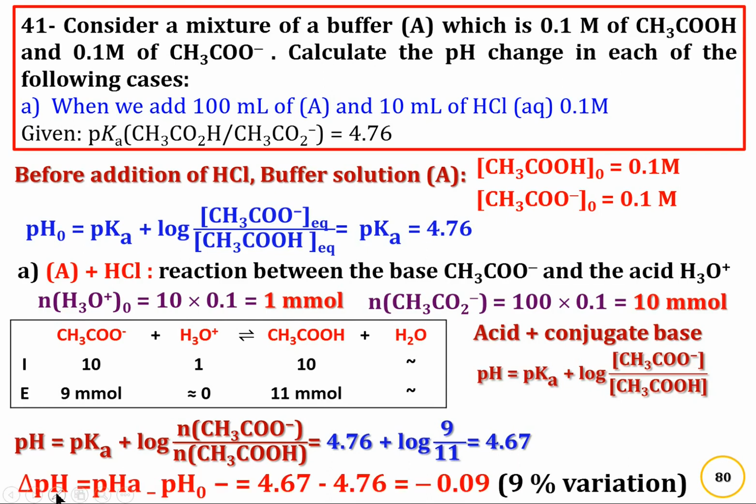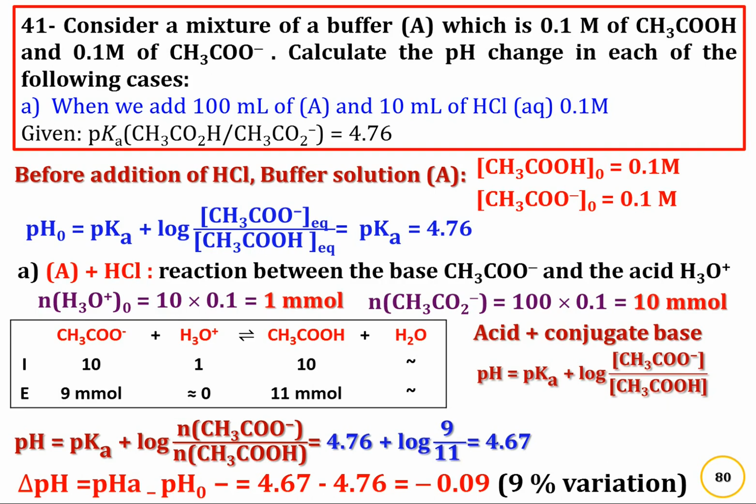So the variation of the pH is the pH after the addition minus the initial pH, so equal to 4.67 minus 4.76, so equal to minus 0.09, and therefore we have a 9% variation of the pH after the addition of HCl.